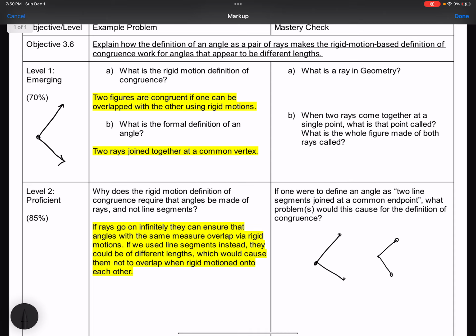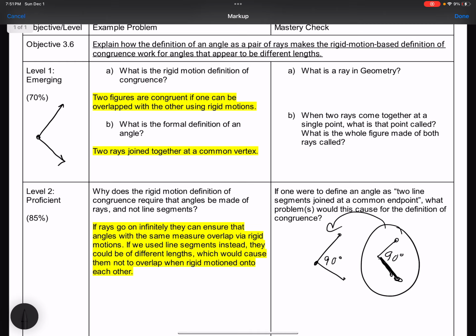Now let's say I measure these and they're both 90 degrees. If I measure them and they're both 90 degrees, that means they have to be congruent. They have to be the same number of degrees and therefore congruent. But notice that I can't really rigid motion this one to go on top of this one. Why not?